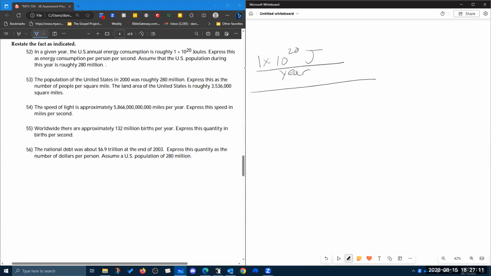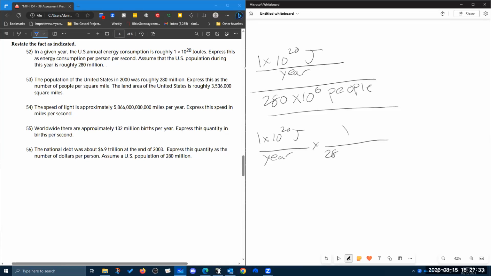So population is 280 million people. So this is 10 to the 14th.